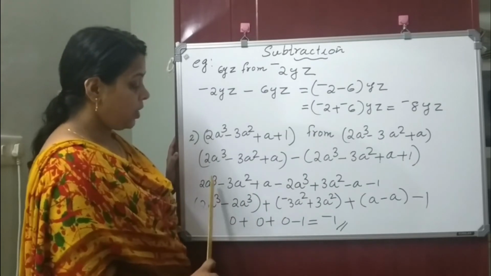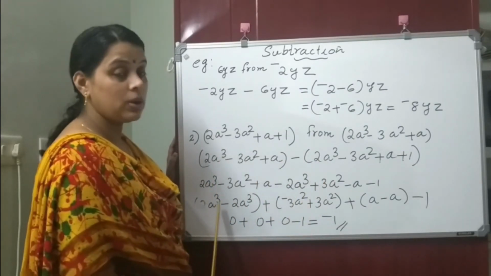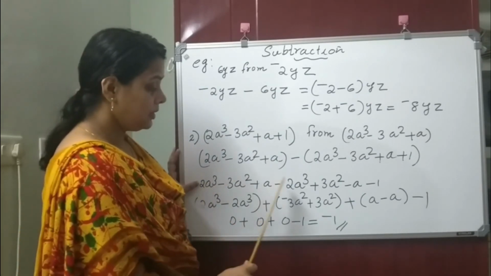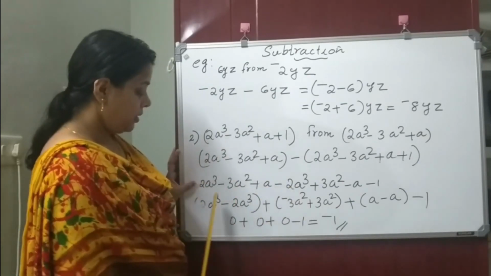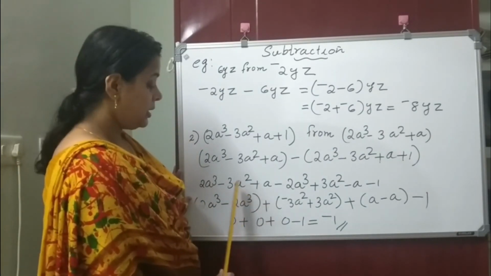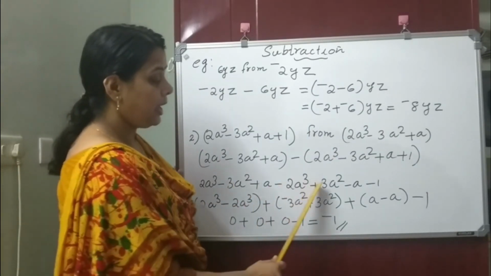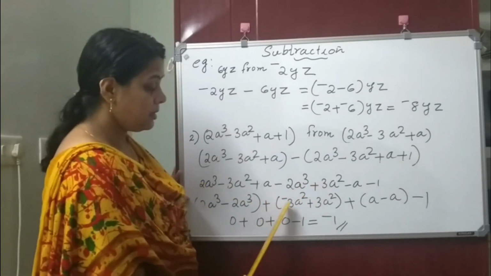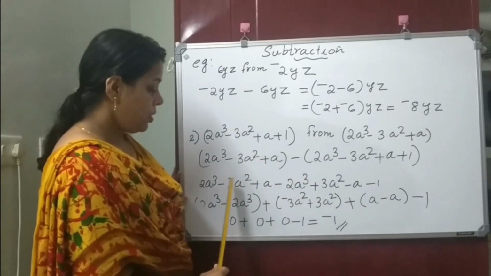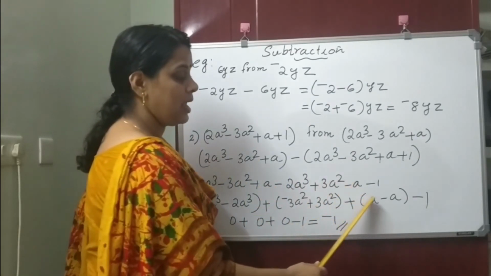Okay. Now we need to rearrange all the like terms. See 2a cube here, here minus 2a cube. We can write 2a cube minus 2a cube, and minus 3a square and plus 3a square together. Now here a is there, minus a.